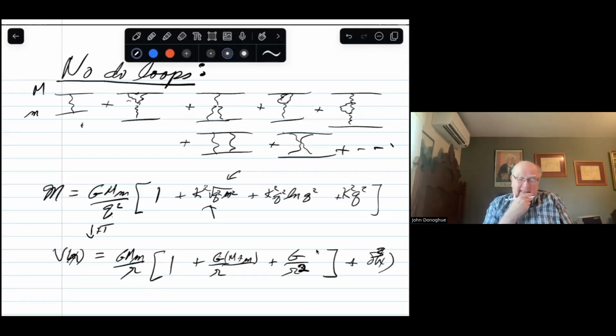Okay, so looking at that, and again thinking like an effective field theorist, we know that all the unknown coefficients and all the divergences go into the analytic stuff. So they go only here. So what's left over has to be finite, and it has to be independent of any of those parameters.